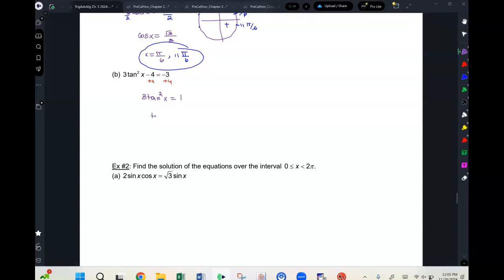Divide by 3, so tangent squared x is equal to 1 over 3. Now, take a square root of both sides. So tangent of x is plus or minus root 1 over root 3. Root 1 is just 1, so we don't have to write it.